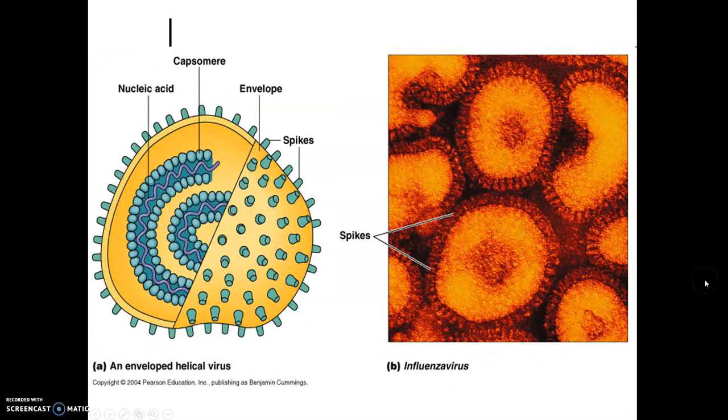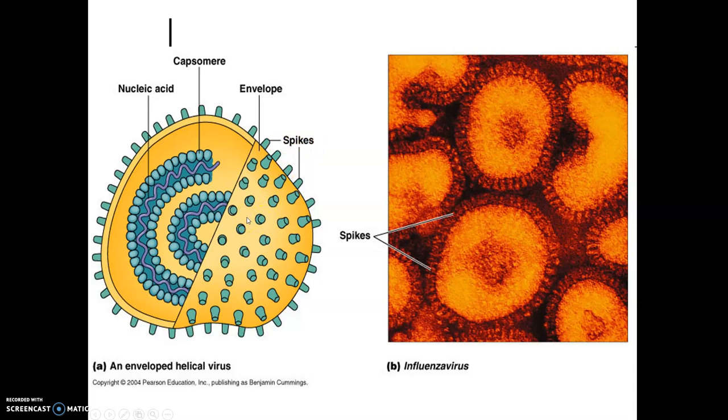Then we have the influenza virus, which is an enveloped helical virus. You can see the nucleic acid there in purple, and then the virus surrounds it like that, and then you have the envelope, and then you have all these spikes, and these spikes are very, very important.